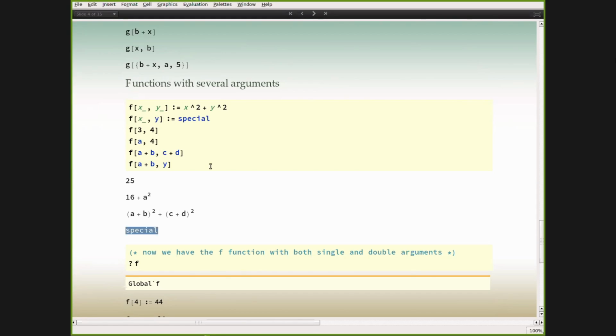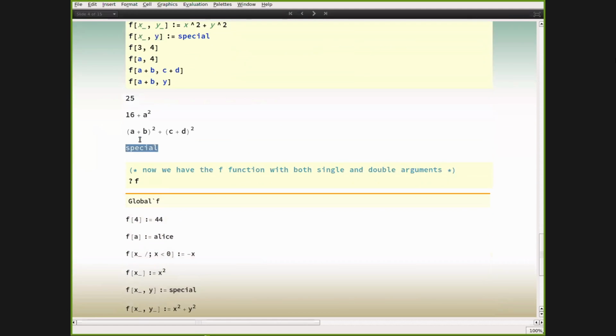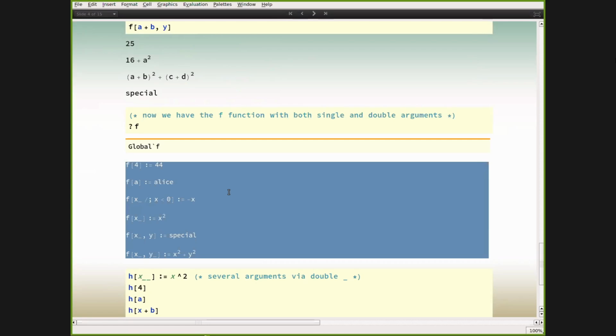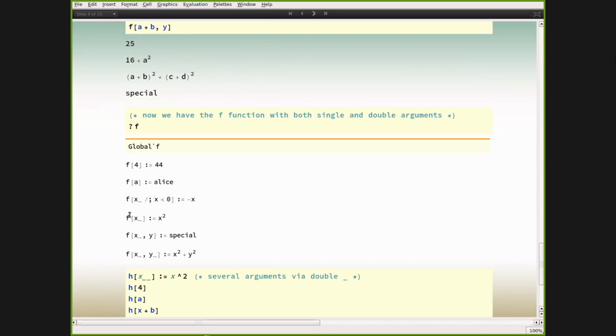As you can see, we have defined function f previously with a single argument, and now with several arguments. So our definition of f is quite long now. Here you have this part from the single argument case, and here you have this part for 2 arguments.